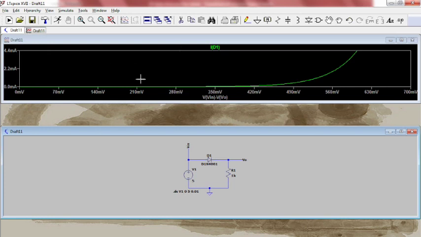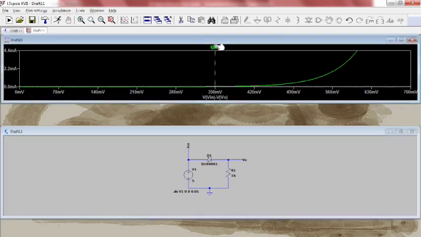This graph is the forward characteristics of the diode. It means, while increasing the voltage source from 0 to 5, what happens? The diode voltage increases from 0 up to 0.6 volt.